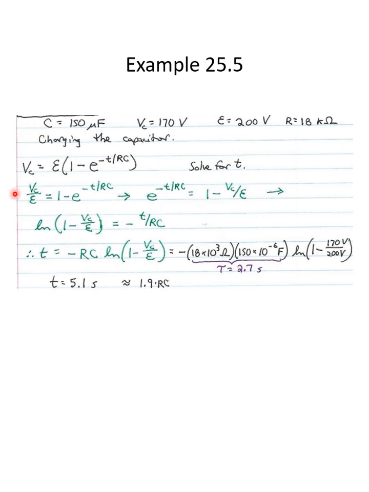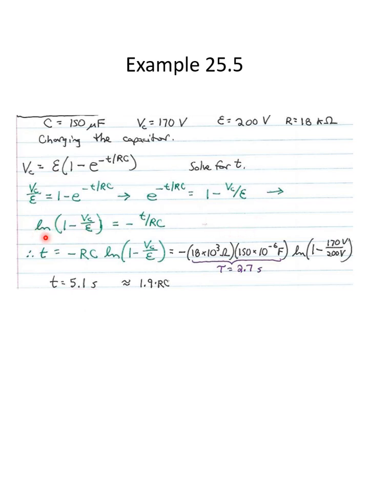So let's first get VC over E is 1 minus e to the negative t over RC. Then e to the negative t over RC is 1 minus VC over E. Excuse me, I'm saying E for both of those, so it might not make sense if you're not reading along. There's little e, and then there's EMF E. And we'll take the natural log of both sides.